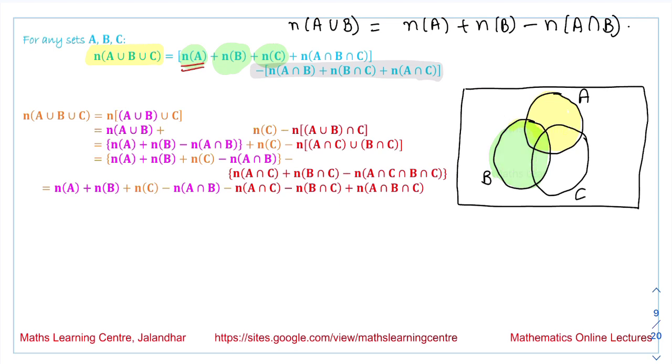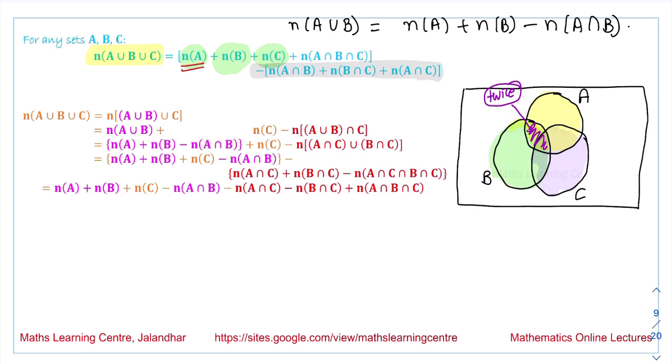So this portion we are talking about is covered twice, up to this point. Now when we are saying union with C, we get this kind of portion over here.